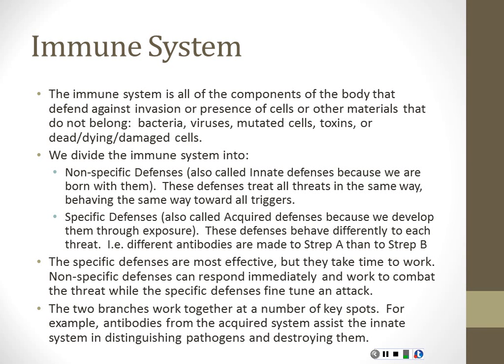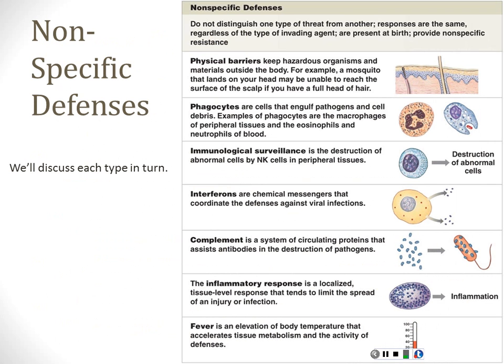Now there's some other players there too, but that's a good summary. Okay. So what are some examples of these nonspecific defenses? We'll talk about each of these in turn, but I'll just kind of go over them in this slide, and then you can read up on them in the others.